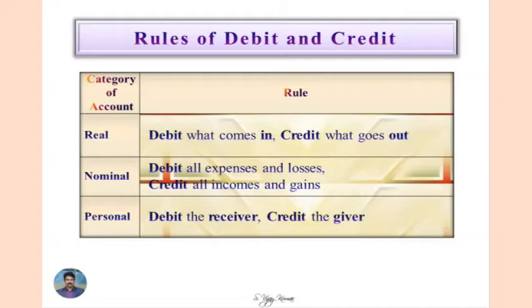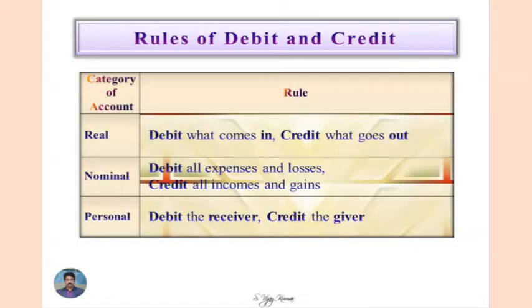Then what is left? Of course we have people like creditor, debtor, capital, owner will have a capital account, drawings account. So these are the accounts which belong to people, so we put these accounts under the third category, personal account category.